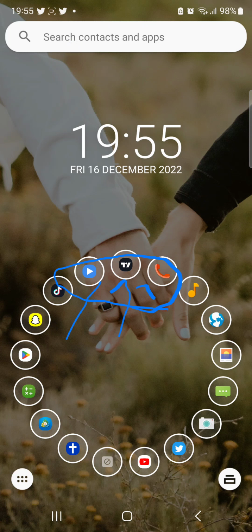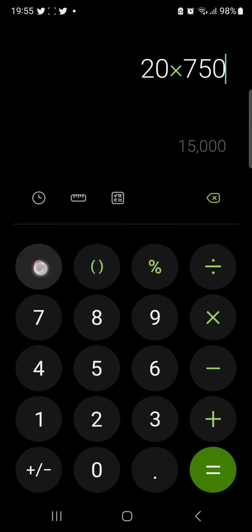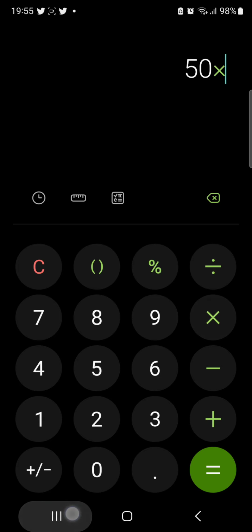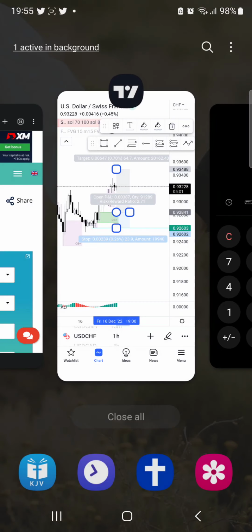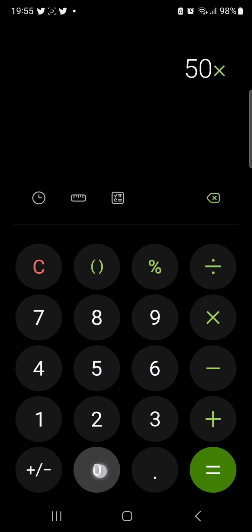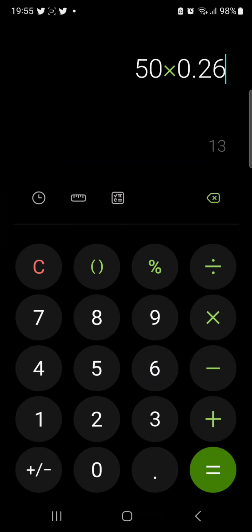And I want to trade futures, and I want to use 50x on BNB, for example. So I'll just take 50 times 0.26, which is 13. That means if I use 50x leverage with that stop loss, I will only be losing 13% of my money.